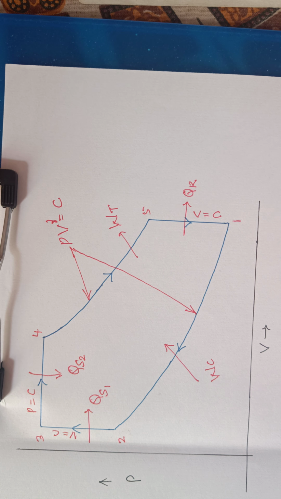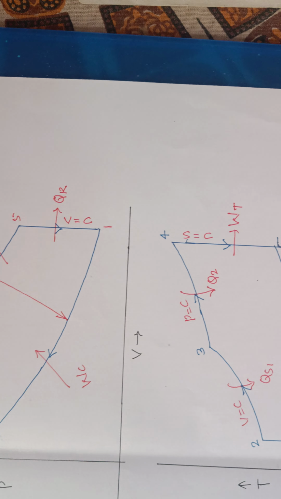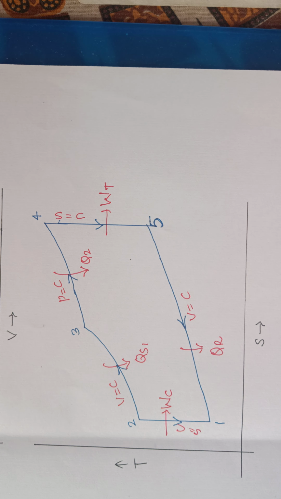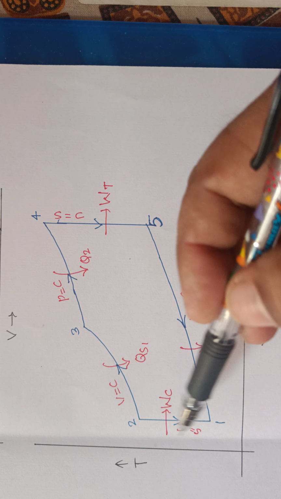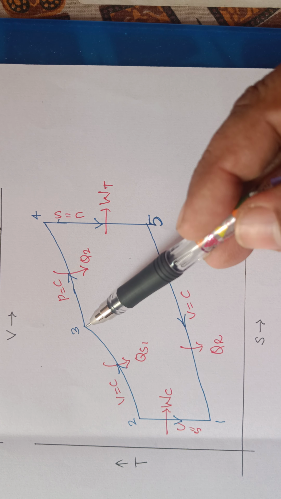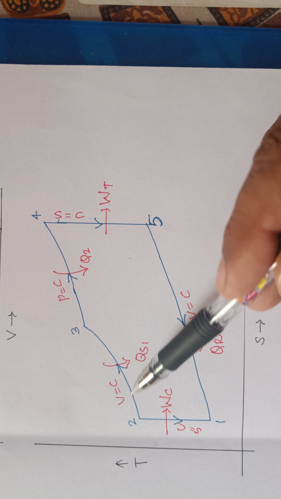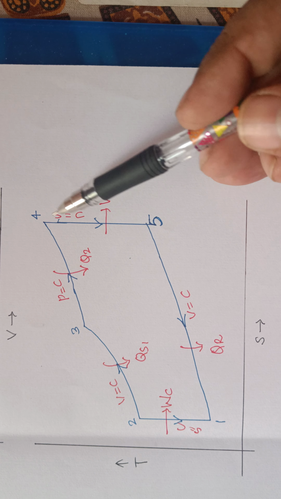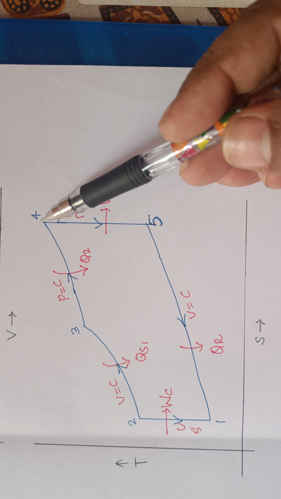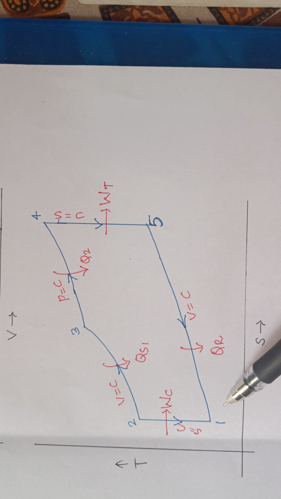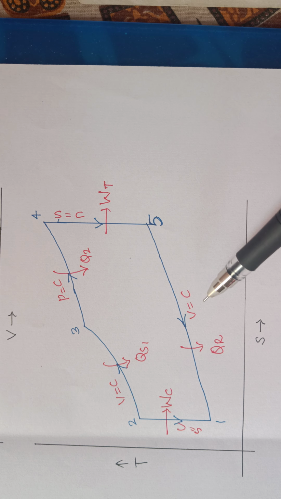If you see the TS diagram: 1 to 2 is isentropic compression, 2 to 3 is constant volume heat addition where there is a rise in temperature, then 3 to 4 is constant pressure heat addition, then 4 to 5 isentropic expansion, and 5 to 1 constant volume heat rejection.